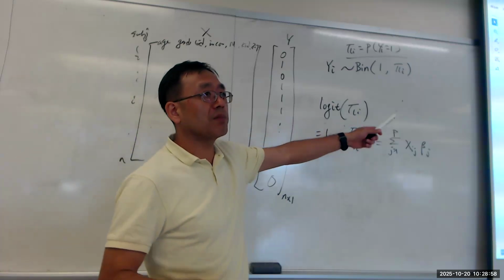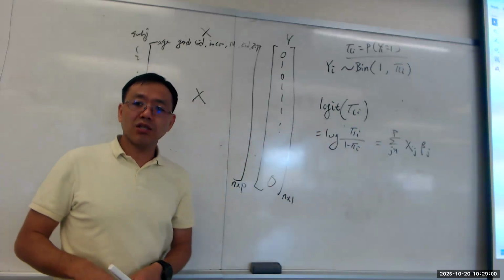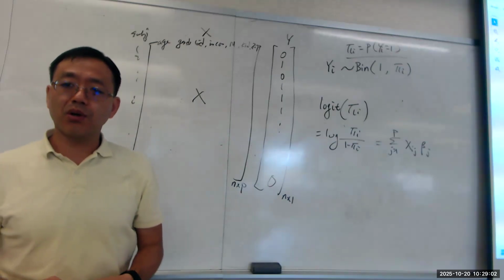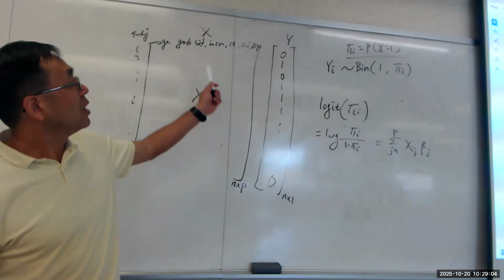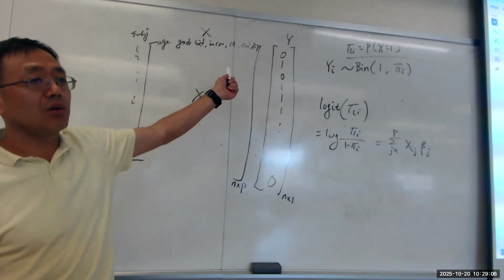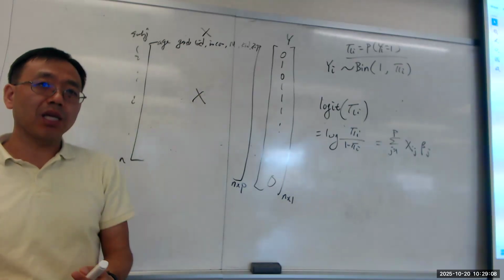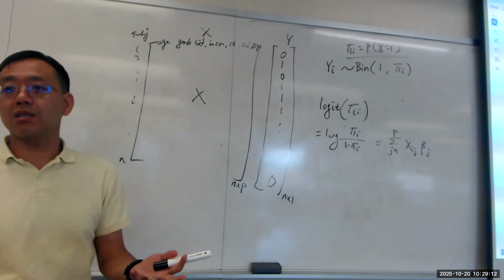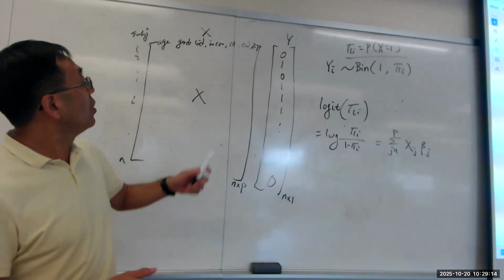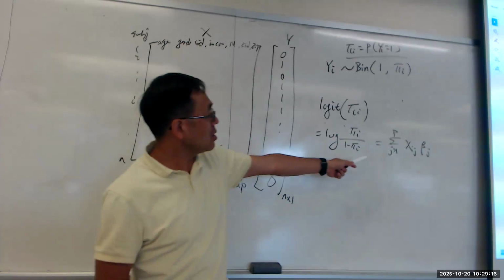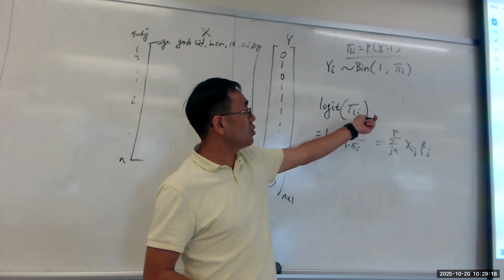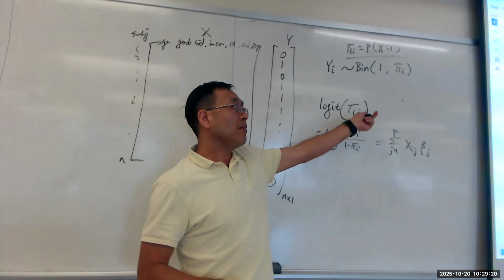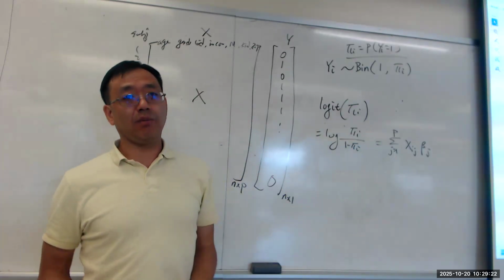Behind it, people want to make decisions. Essentially, we want to estimate your probability of success. Like in a loan application, you want to estimate the probability that you're going to pay back the loan on time or not, right? So this information can be used to describe the pi i. But this pi i is unobservable.